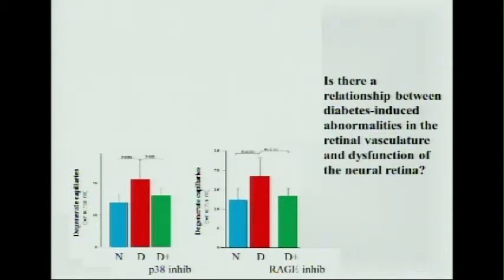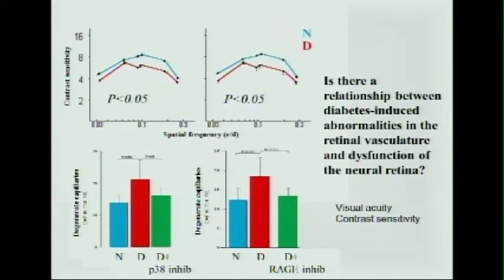Here are non-diabetic animals. Diabetic animals have an increase in the capillary degeneration, and this was significantly inhibited by this P38 inhibitor. This was a 9-month study in animals. Same thing over here for a RAGE inhibitor, significantly inhibited over a period of 10 months in this particular preclinical trial. But what happens to vision?